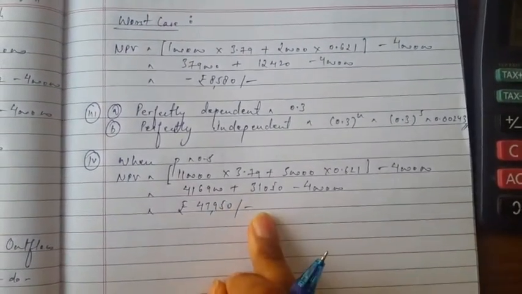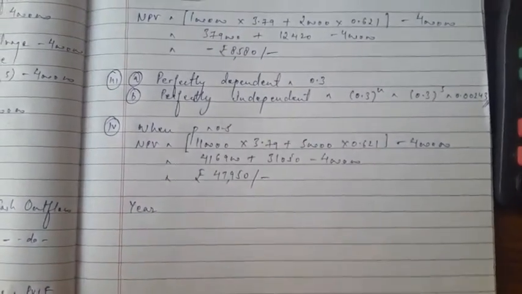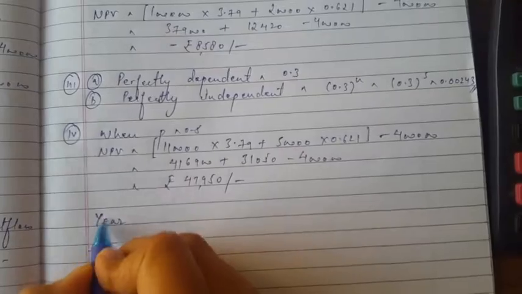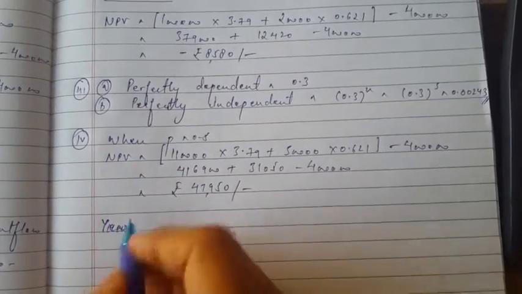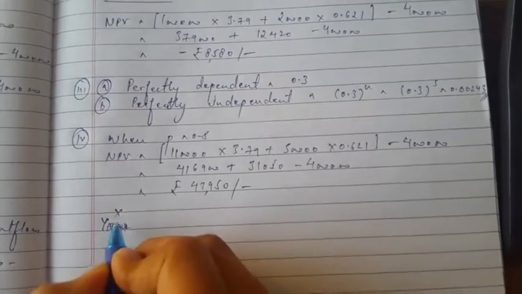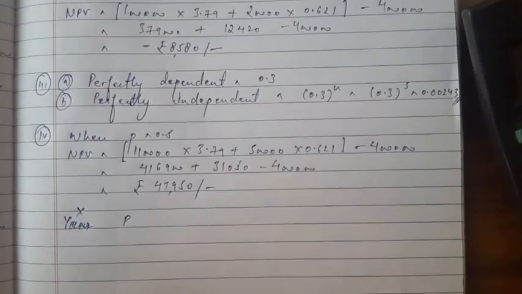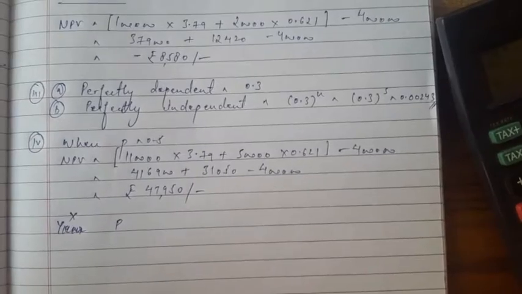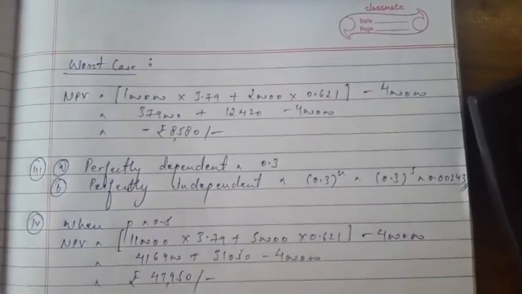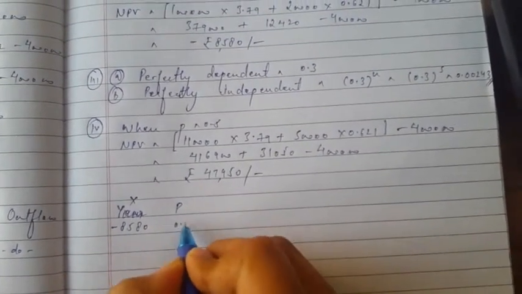Clear? Now we have to compute the standard deviation. For that we'll make a table. The first column will be your X; the figures of NPV I'm denoting by X. Then we have probabilities. When probability was 0.3, that is the worst case, the NPV was minus 8,580 and the probability is 0.3.